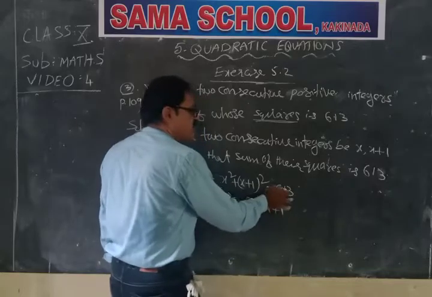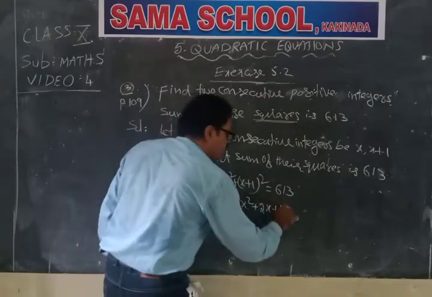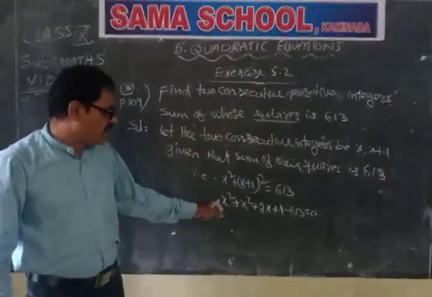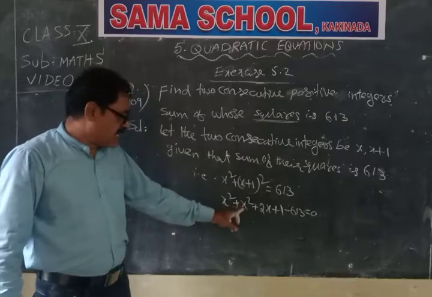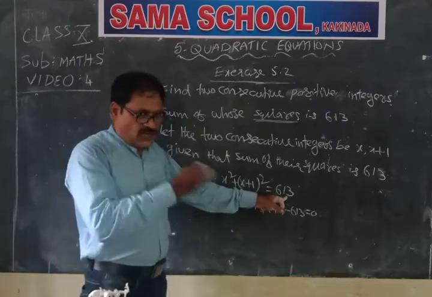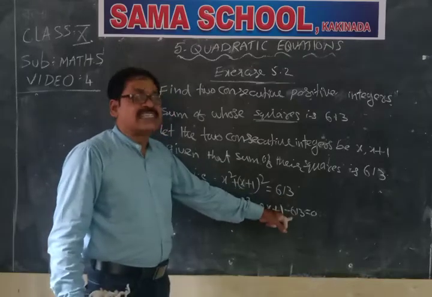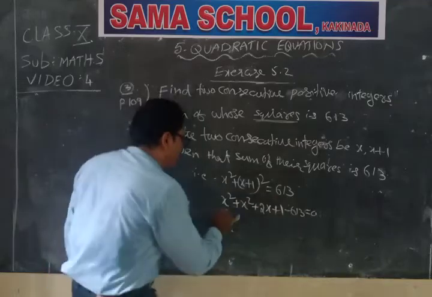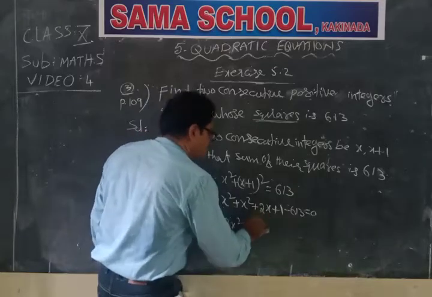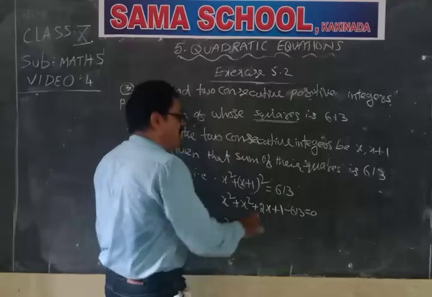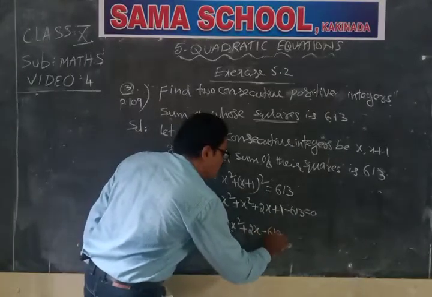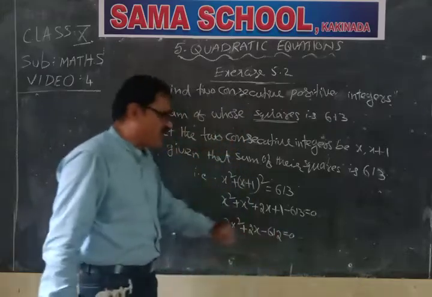Transposing 613 to the LHS, it becomes minus 613 is equal to 0. Expand this: x square plus 2x plus 1. Simplify: x square plus x square is 2x square, 2x only one term, and plus 1 minus 613 is minus 612. This is the required quadratic equation.